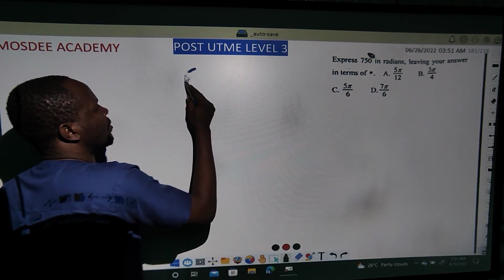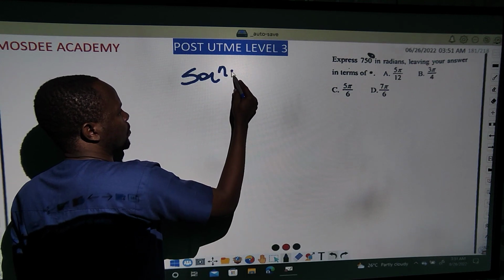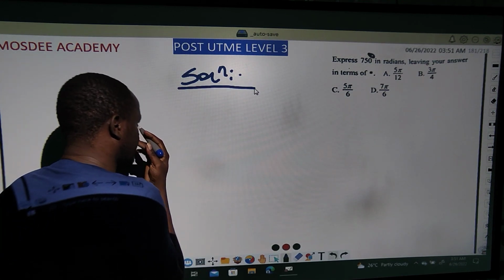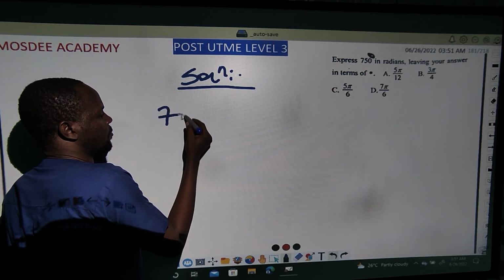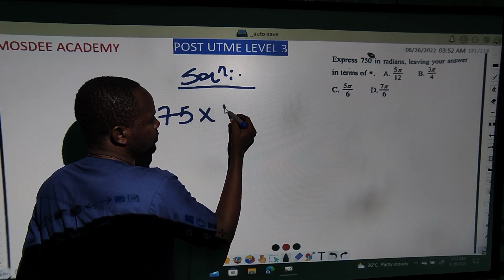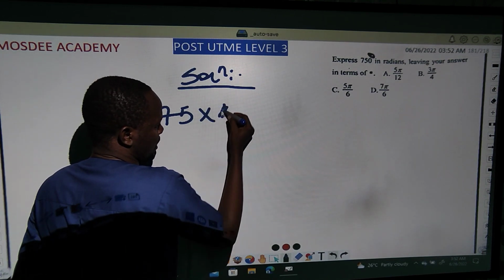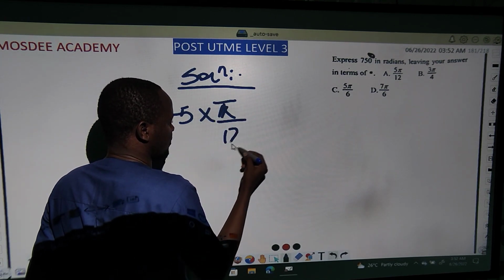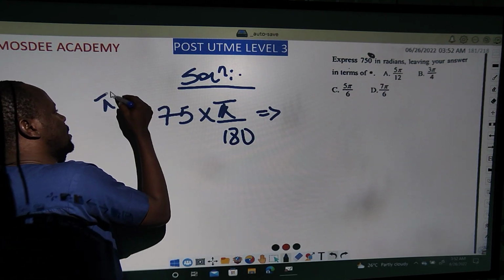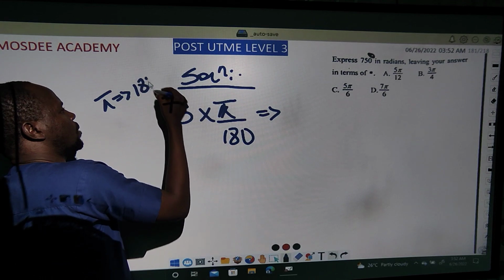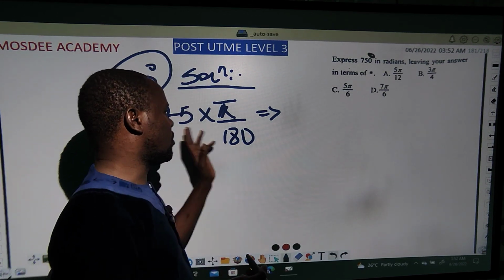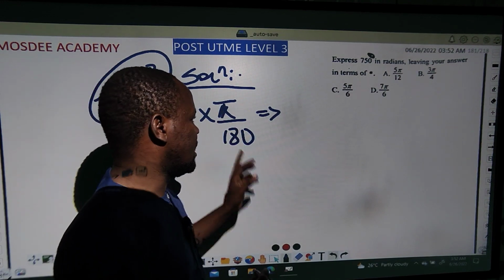So directly, to convert, 75 times pi over 180. That is what you just multiply, because 1 pi radian is 180 degrees. That's the only concept. If you are converting from degree to radian, multiply by pi over 180.